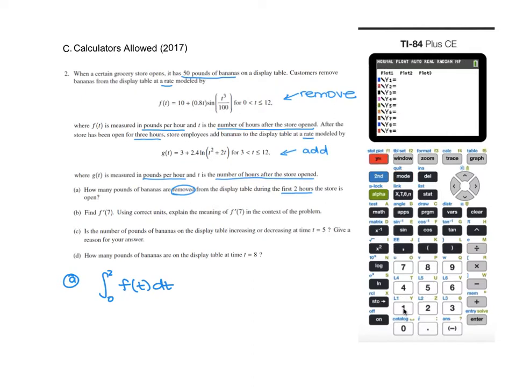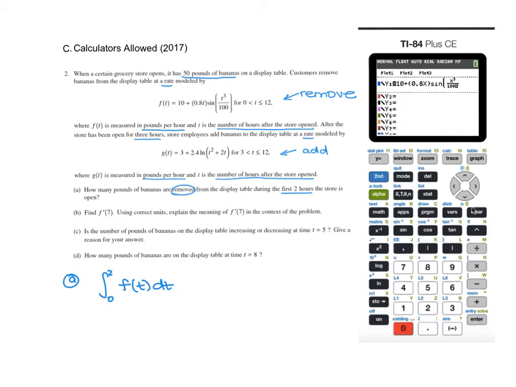So let's plug in f of t into y sub 1. So 10 plus 0.8 x sine of x cubed, so we're going to make a fraction bar right over there, x cubed over 100.